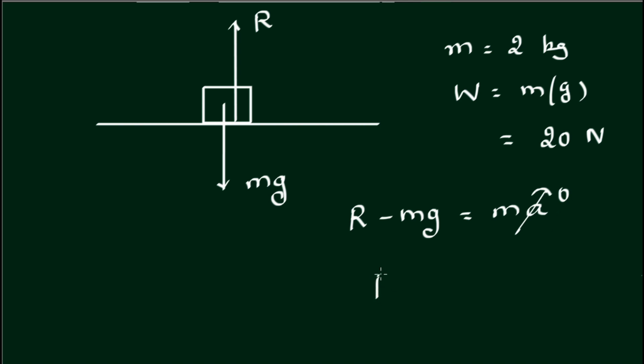So in this example, R turns out to be equal to mg, which is 20 newtons. So in this example, where the box has 0 acceleration, the normal reaction turns out to be equal to mg. Remember, it's not the reaction to mg. So this is 20. This is also 20 newtons.